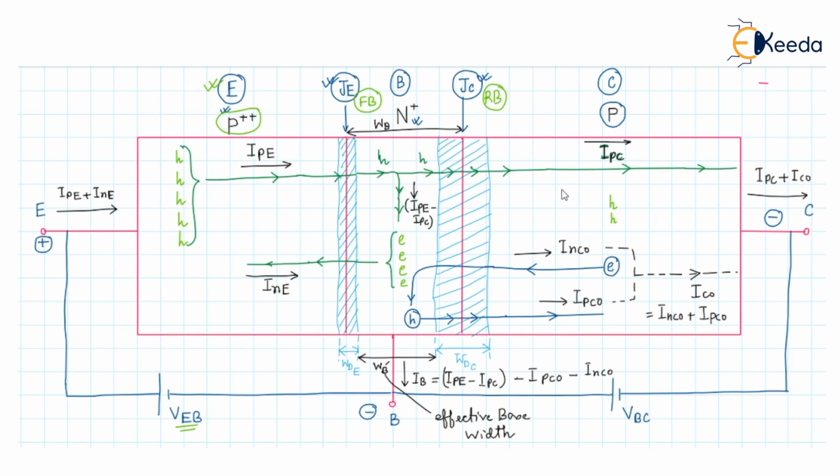So this is the total current components that are flowing inside this bipolar junction transistor.